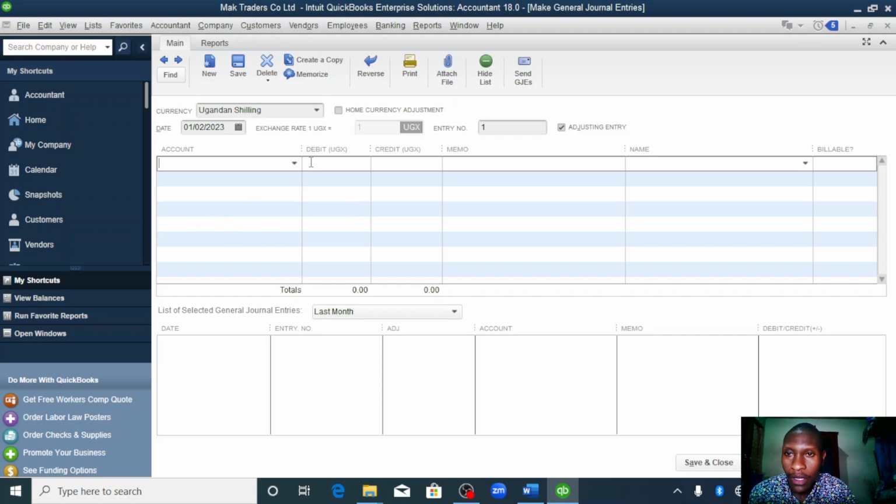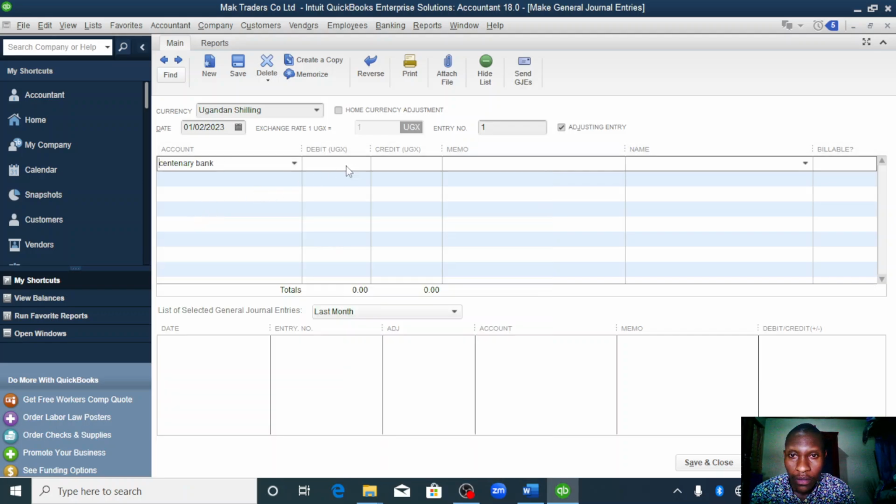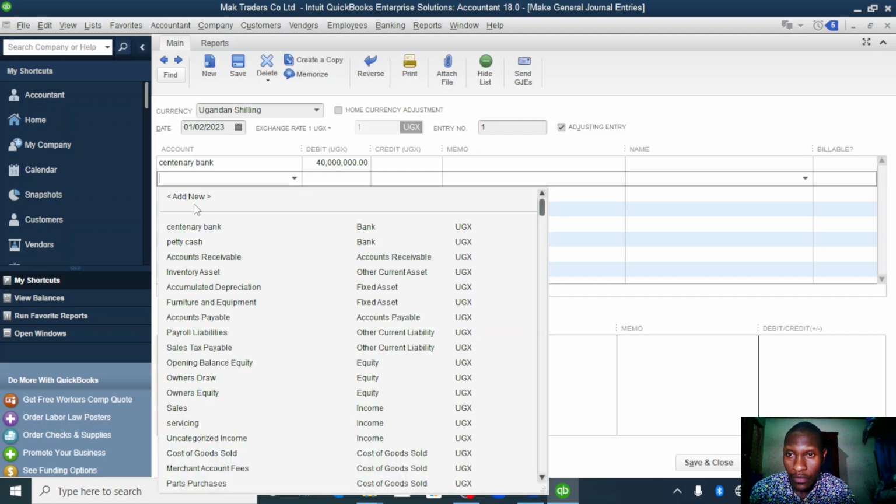So after updating the date, they are saying deposited. That means we debit our bank account. That is Centenary. The amount is 40 million. Then we credit it with capital account.